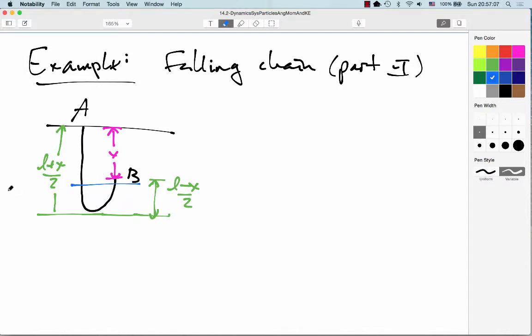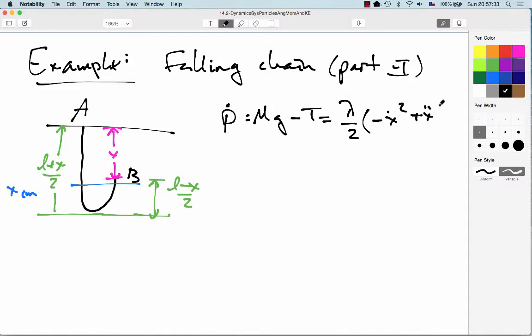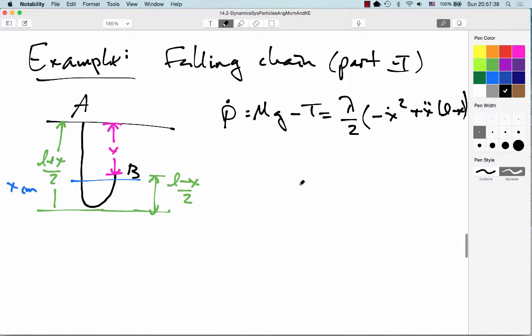Let's say maybe somewhere there, that would be my XCM. All right, so some things I can still go ahead and write as before. I can say P dot is equal to mg minus T is equal to lambda over 2 times minus x dot squared plus x double dot times (L minus x). That part was legit from before.